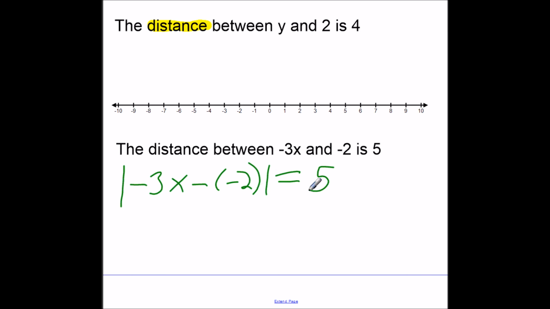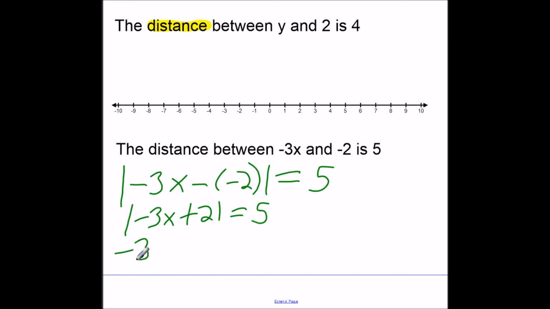Okay, that's the equation. I'm going to solve this equation. I'm going to simplify what's inside the absolute value. Okay. I'm going to write 2 different equations.